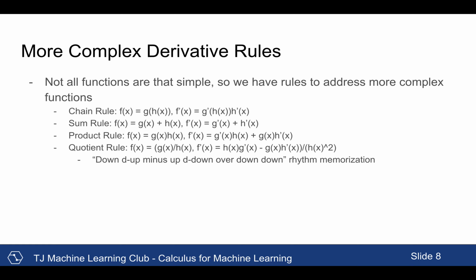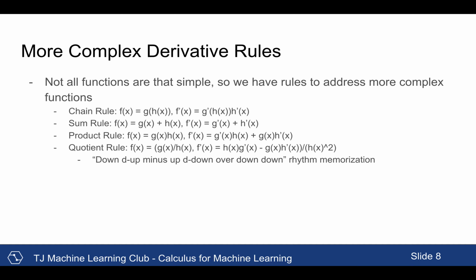So the sum rule is very basic. Given that a function is the sum of 2 other functions, the derivative of that function will equal the sum of the derivatives of the 2 subfunctions. The product rule can be applied when we have a function that is the product of 2 smaller functions. So that would mean that the derivative is the derivative of the first function times the second function plus the first function times the derivative of the second function.